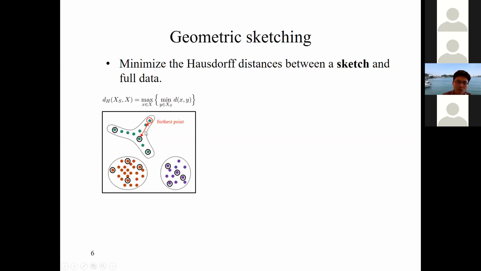In other words, a low Hausdorff distance indicates that every cell in the data is close to some cell in the sketch. The key idea behind this approach is that it samples by geometry instead of density. That's why it can lead to a more balanced composition of cell types in the sketch.